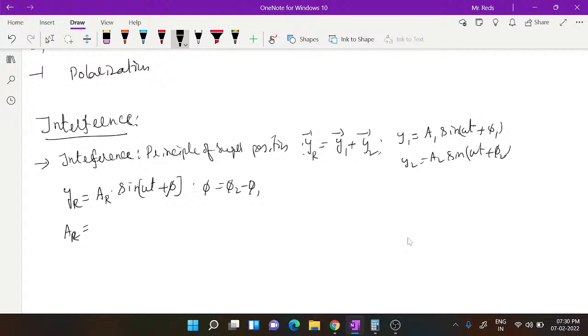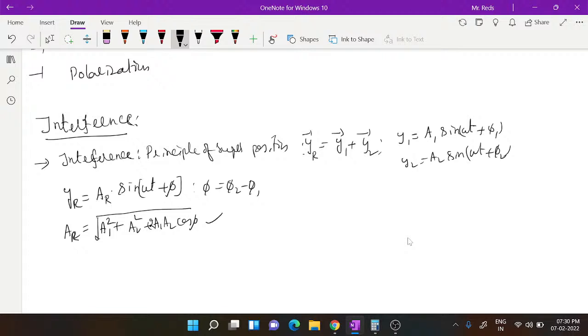If you remember these intermediate steps, then you can understand and remember this as a whole. Here AR square is equal to A1 square plus A2 square plus 2A1 A2 cos phi, and AR is the square root of this.